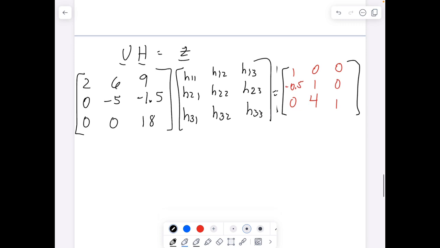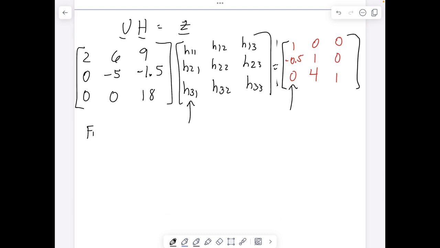Our first column is created using the first column of H. So if I were to do the first column, we're going to repeat these same steps now.